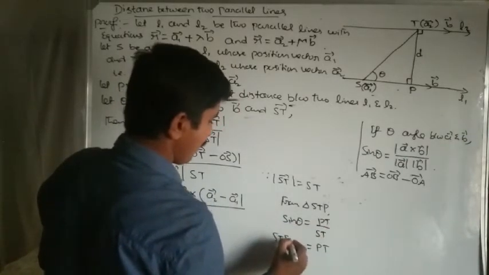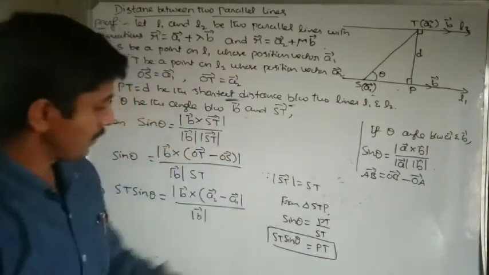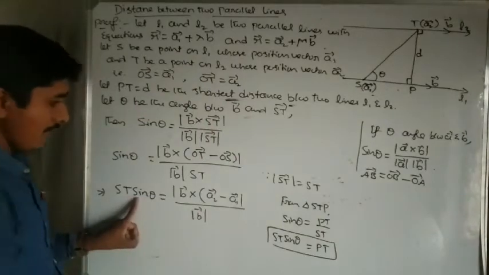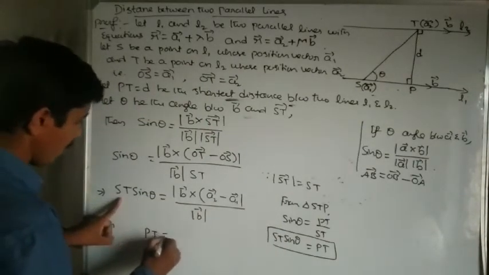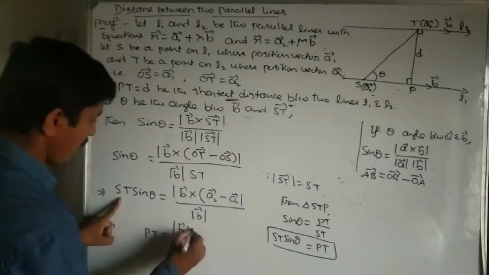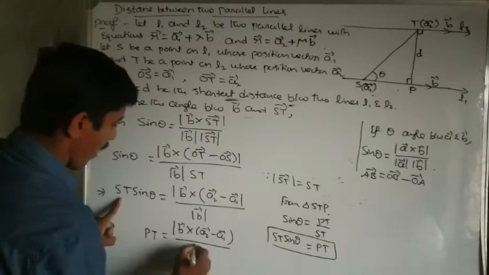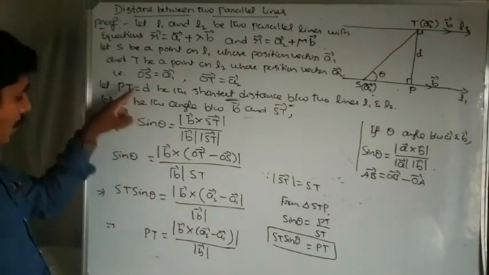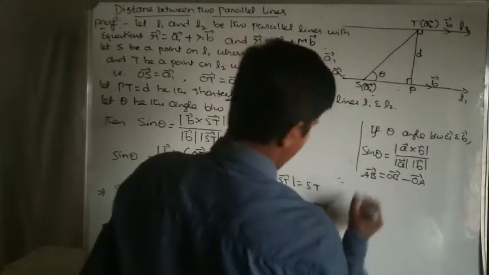ST sin theta is the value of PT. So PT equal to magnitude of vector B cross vector A2 minus vector A1 divided by magnitude of vector B. Substitute PT equal to D here, the distance PT denoted D.